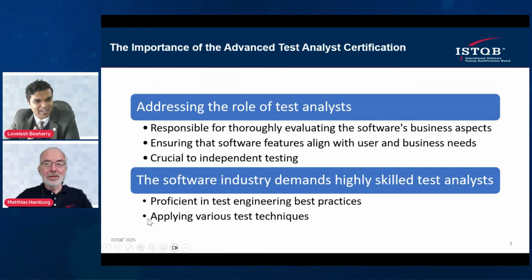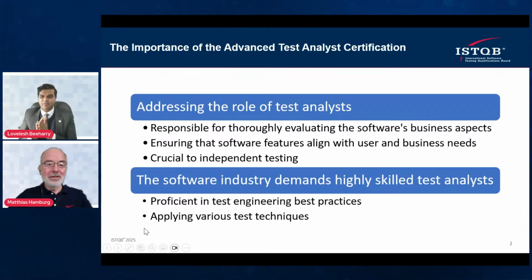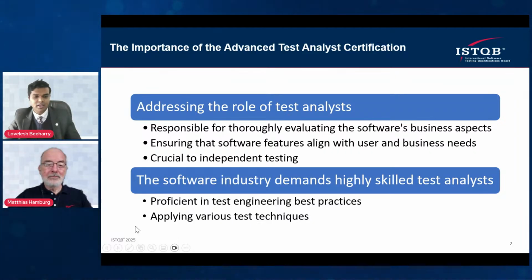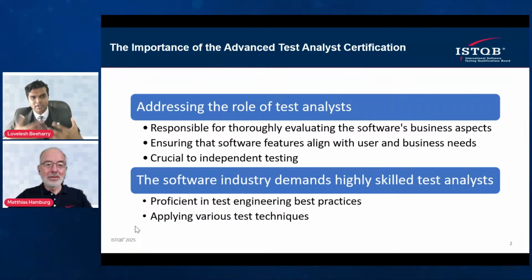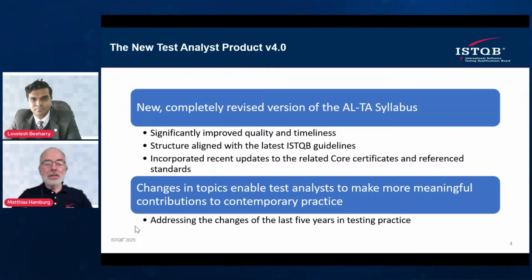Understood. All right. So then, if I'm not mistaken, the previous release of the TA certification was in 2019. So what was the need for ISTQB to create a new version for this certification? Well, we reflected on this need early after releasing the 2019 version.